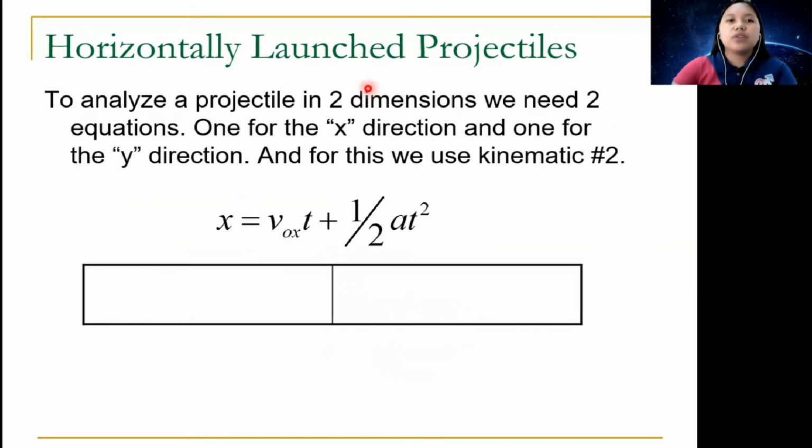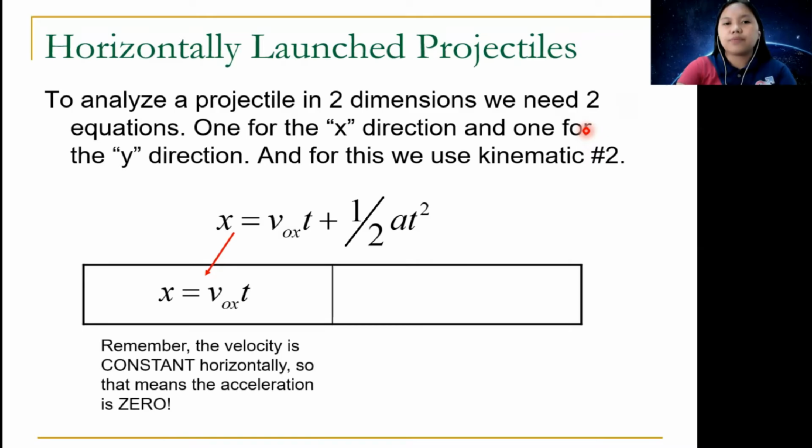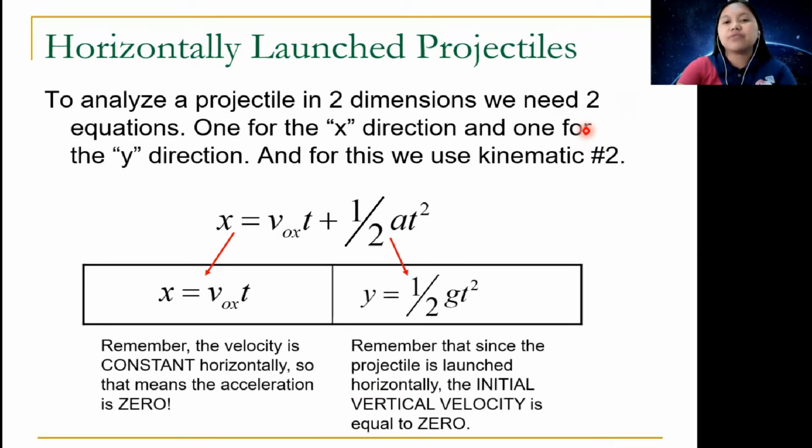Okay? Now let us analyze a projectile in two dimensions, and we need two equations for that. One is for the x direction, and one is for the y direction. Okay? So the y direction and x direction have different formulas, but we will follow these formulas to be guided.